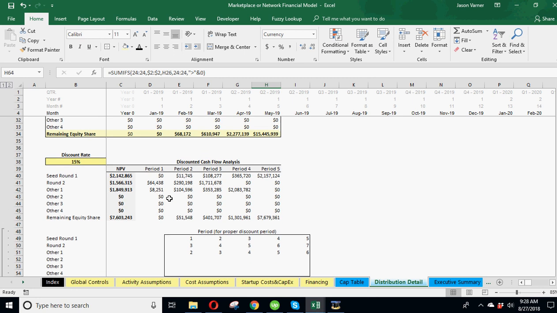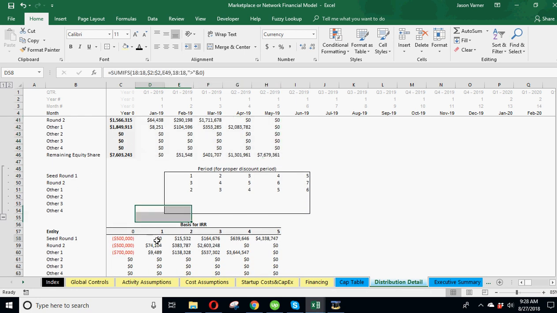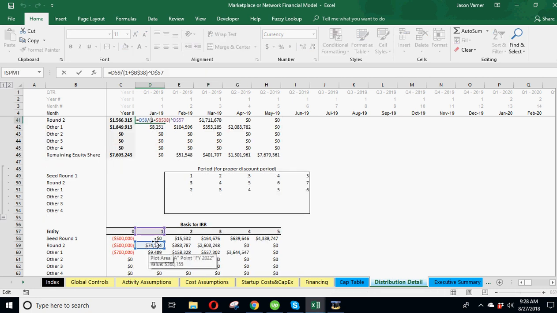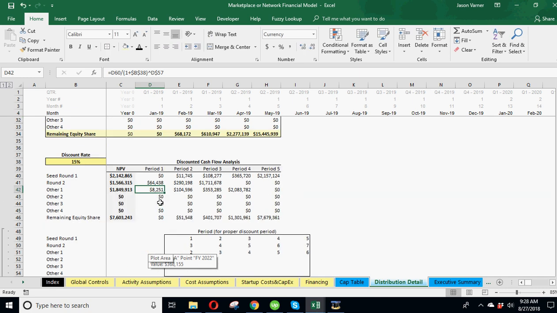Here's a general discounted cash flow analysis, and this is the same thing as this shape. It's just discounting it, and then you can see a net present value with the proper period being discounted. Obviously this is period one for that, but that's actually in the second year, so it's not the same as what period one is for seed round one, which is actually zero because they invested.